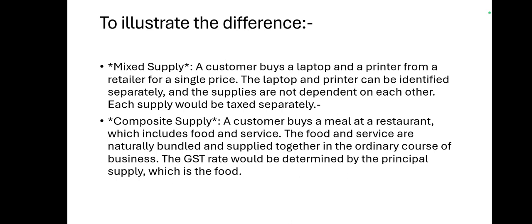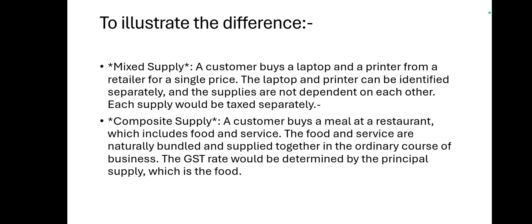A laptop and printer are not dependent on each other, because a laptop can be sold separately and the printer can be sold separately. But here, in order to attract consumers or to introduce some new offers or discounts, the retailer plans to sell both as a single bundle. This is what you call a mixed supply.